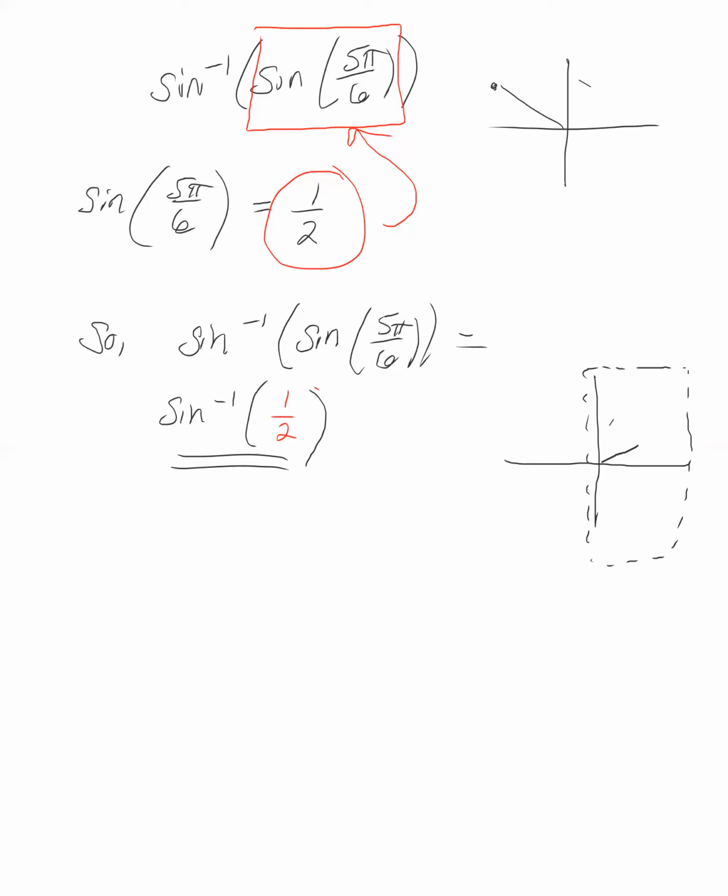Looks like it occurs right here, at an angle of pi over 6. So sine inverse of 1/2 is pi over 6. We worked that step by step. That means that whole expression, sine inverse of the sine of 5 pi over 6, has a value of pi over 6.